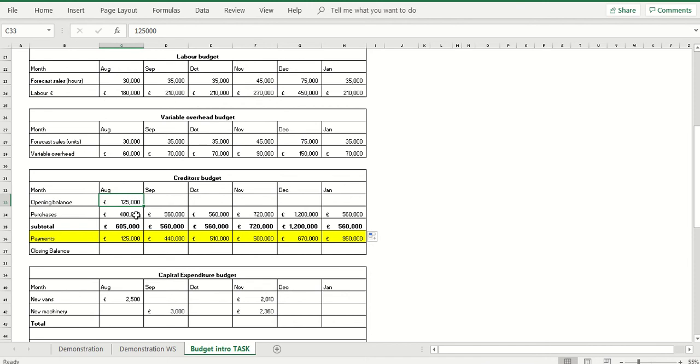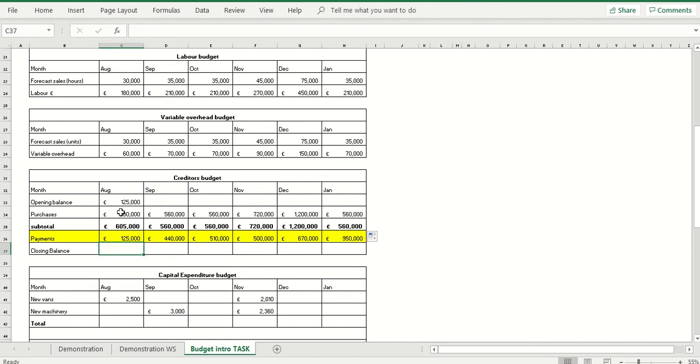We also expect to purchase an additional £480,000 from them. So in total, we expect to owe them £605,000. But we also expect to pay them £125,000 in the month of August. So actually, we're not going to be owing them £605,000 when we have paid them that amount of money.